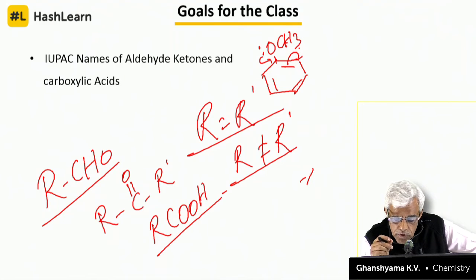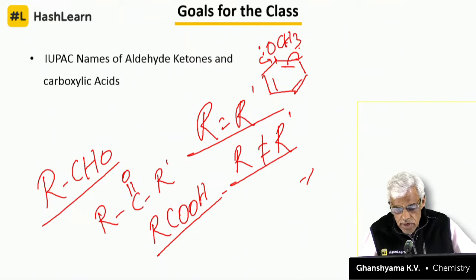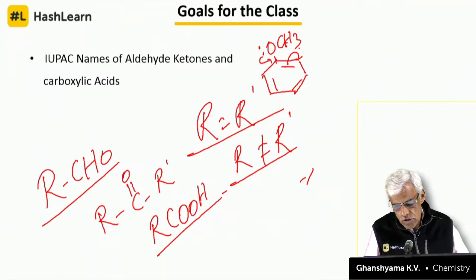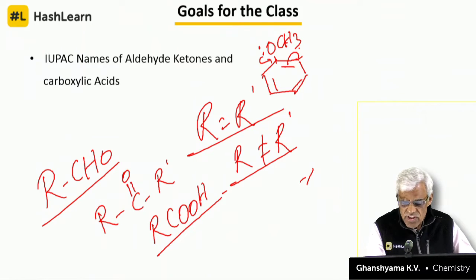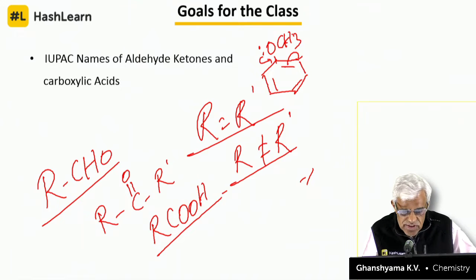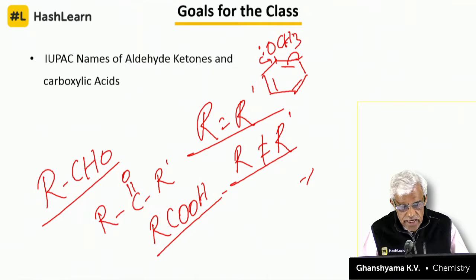But compared to OH, OCH3 is not that strong an ortho-para orienting group. OH and NH2 are very strong ortho-para orienting groups or directing groups. OCH3 is slightly less than that. Okay, right.